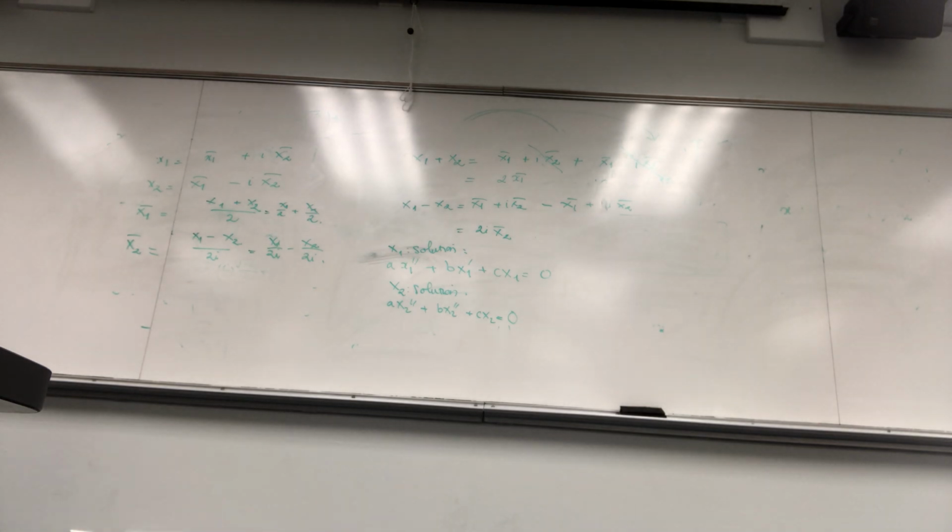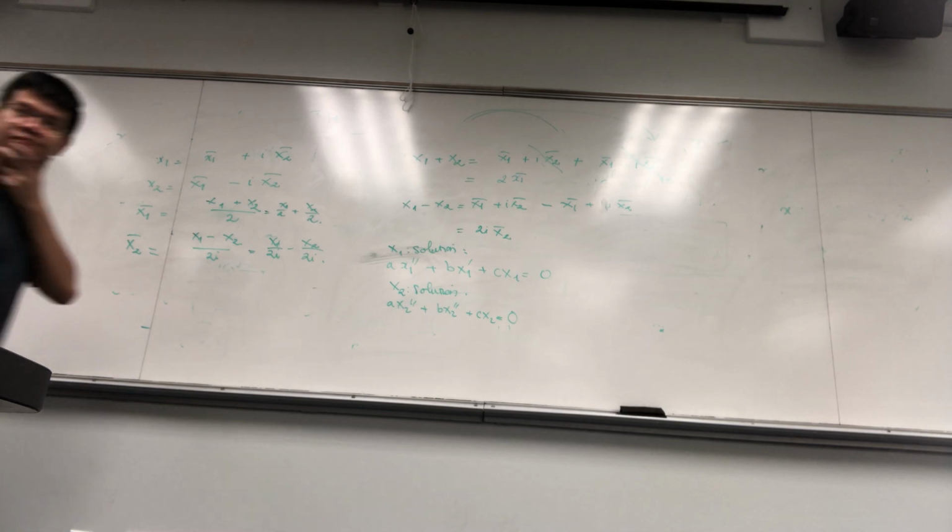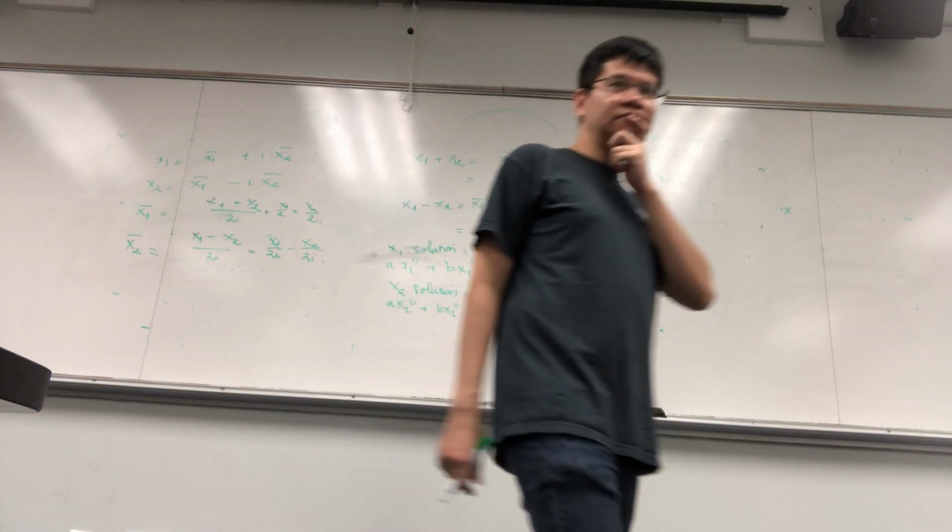How do I do it? You plug x1 bar into the differential equation, a x1 bar double prime plus b x1 bar prime plus c x1 bar, compute the second and first derivatives of x1 bar, and make sure that it solves the equation.